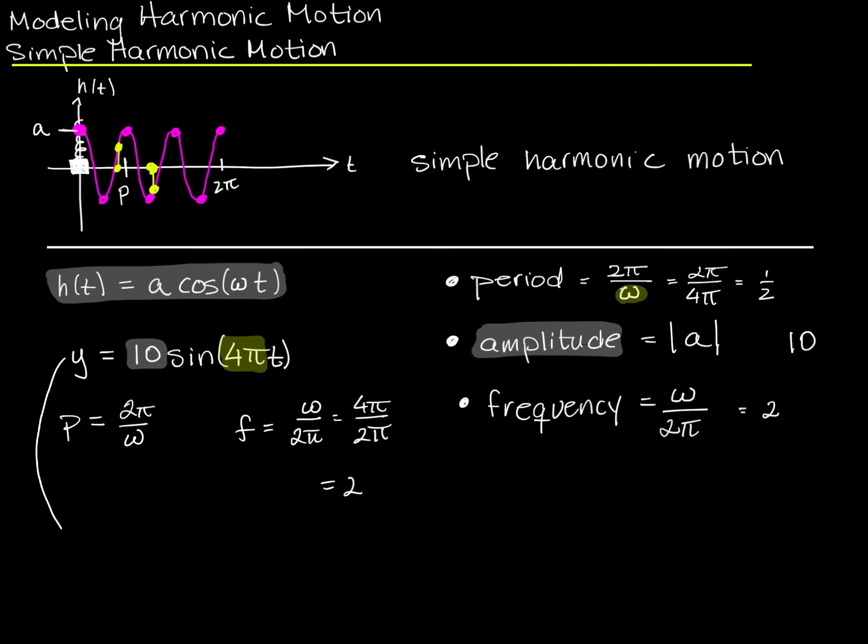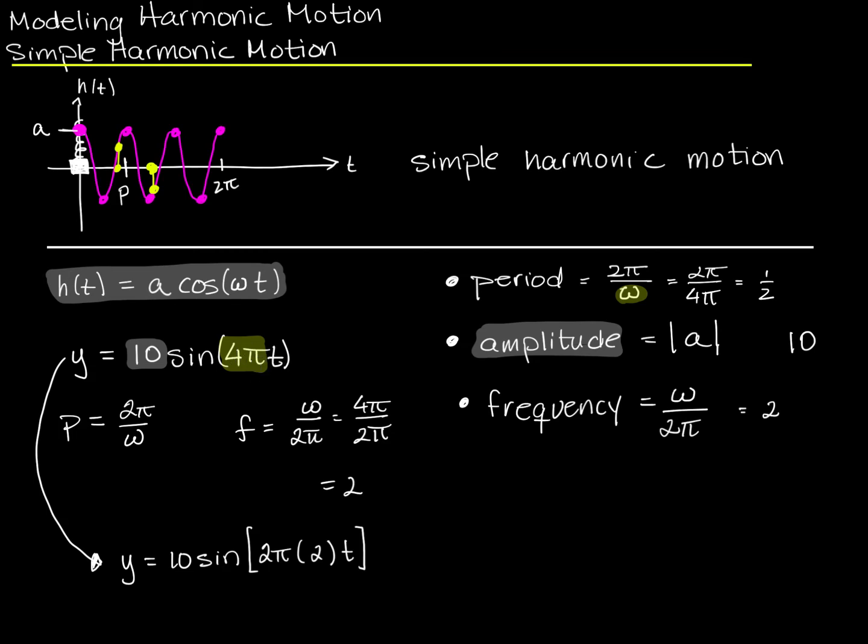Let's take a look at this function again. If I rewrite it as y equals 10 times the sine of, I'm going to factor 2 pi out of here. I get 2t, and in fact, I'll just factor the t out on the other end. This is still 4 pi times t.